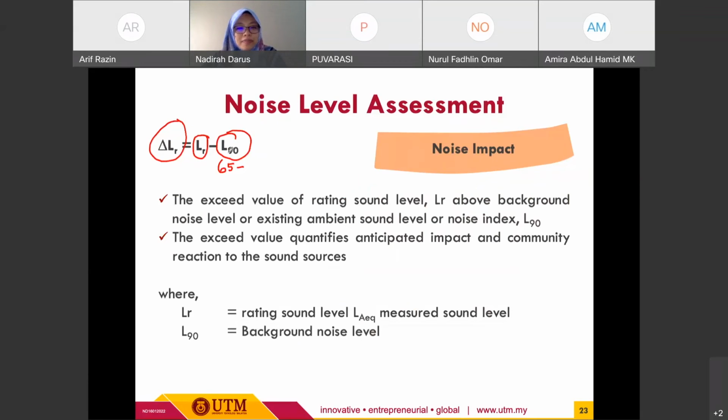L90 refers to what? Boleh recall tak? Ada. Tak apa. So L90 ni akan refer kepada ambient noise level ataupun background.